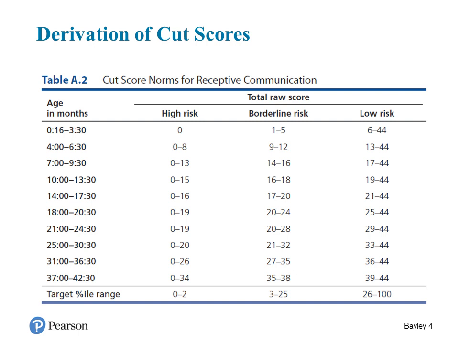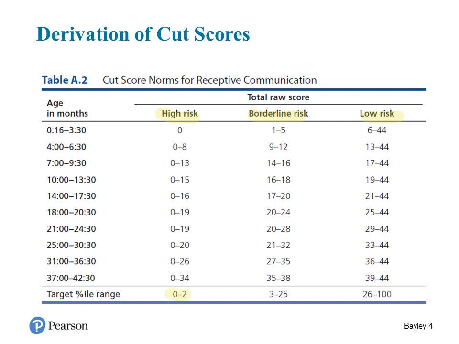So we started out by identifying 2 major cut points for each of the age groups, and that allowed us to divide the scores into 3 bands: the high risk, the borderline risk, and the low risk categories. And the cut scores were identified by examining the cumulative frequency distribution for each of the 10 age groups that we just saw.